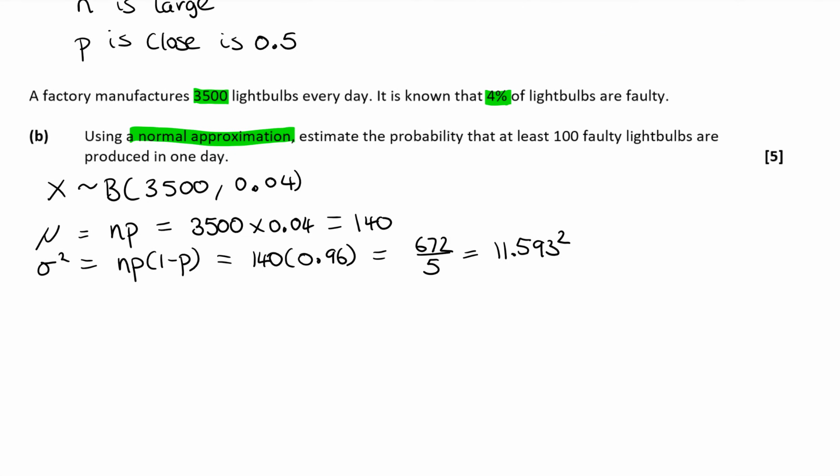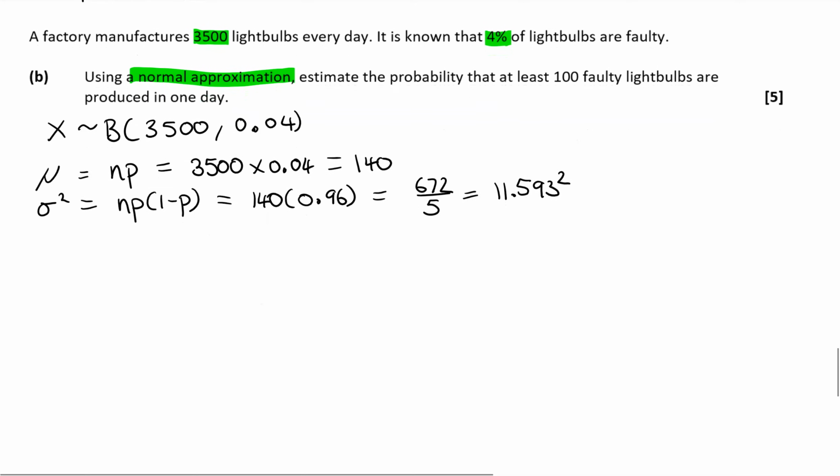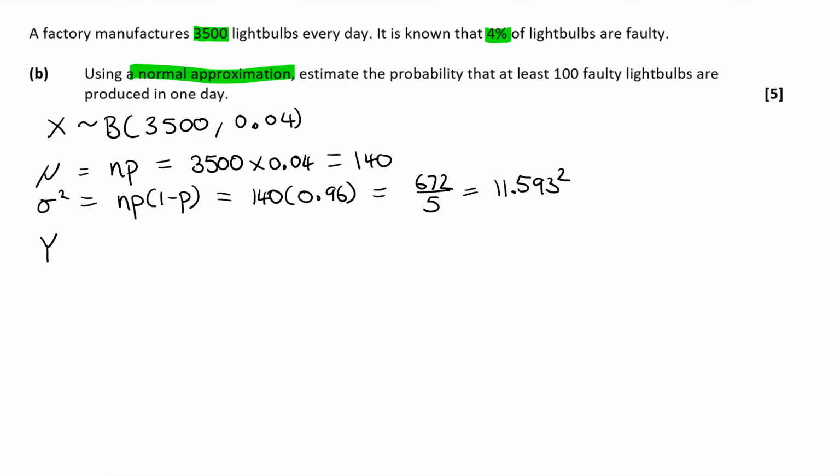That's just square rooting that to get my standard deviation and then squaring that number. So for my normal distribution, I'm going to use a different variable now, we'll call it y, I've got a mean of 140 and a standard deviation of 11.593, so my variance is 11.593 squared. That gets me 2 marks.